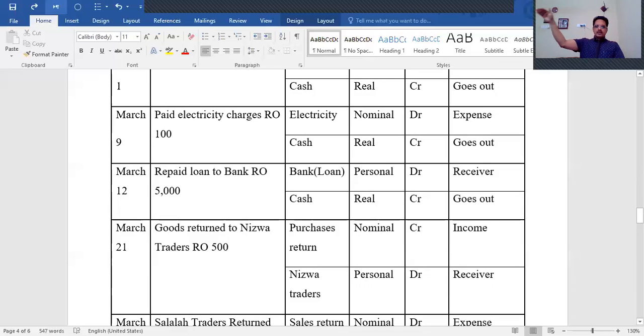Debit bank loan, credit cash, and amount is 5,000 debit, 5,000 credit. Both the amount columns will be there, and you write a narration, a brief description. That you write the transaction saying repaid the loan to bank, or repayment of loan. You can give a brief description about the journal.